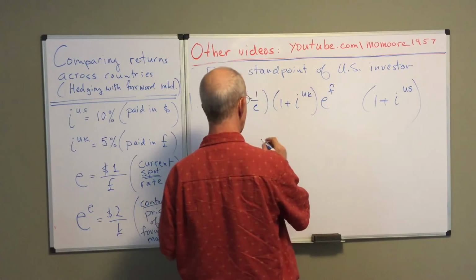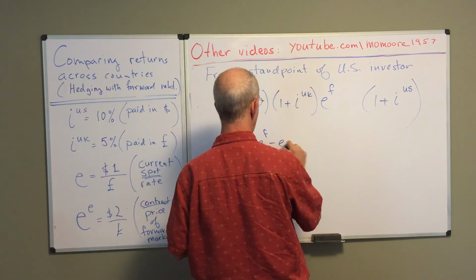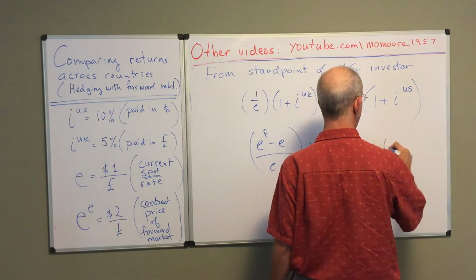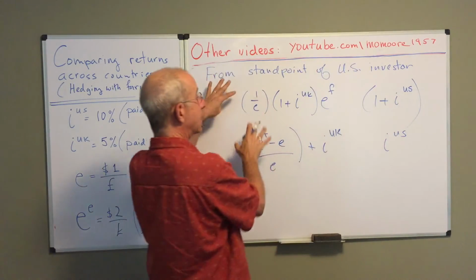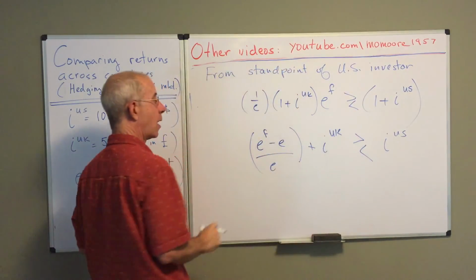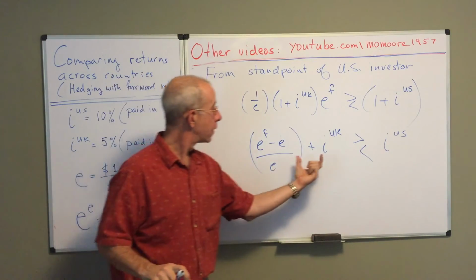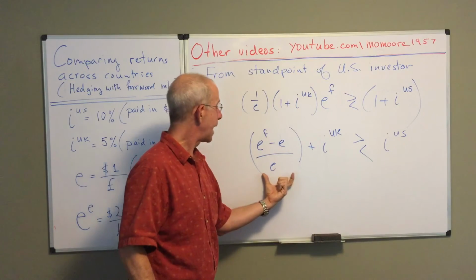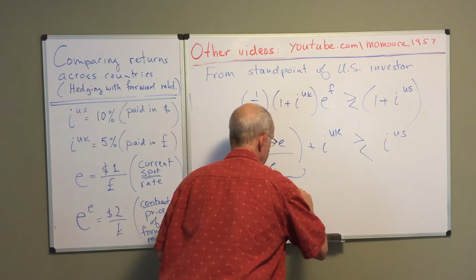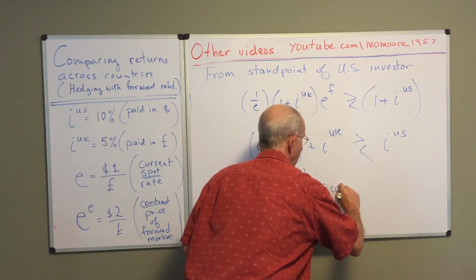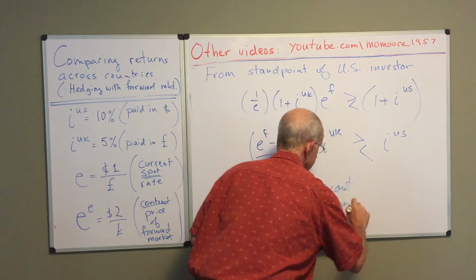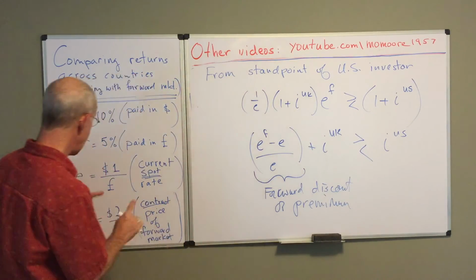And similar to what we talked about in the other video, this is the exact comparison. This is the approximation, where here's the comparison of the interest rates, and then this is what's called the forward discount or premium on the currency.